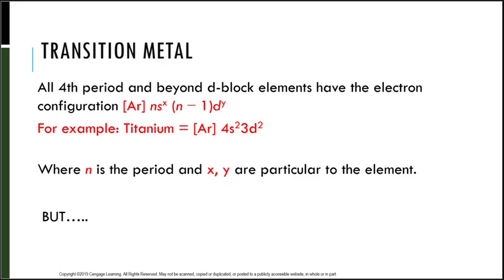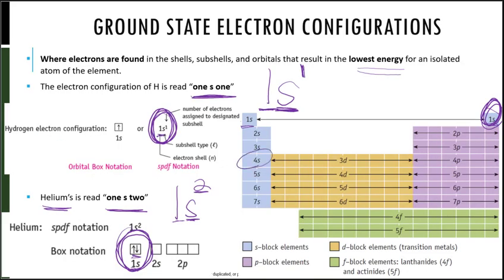Now, it's been all fine and dandy when we've done 1s, 2s, 2p, 3s, 3p, 4s even for calcium. But then we get to the transition metals. And I'm going to hop back to this one diagram where, remember, after 4s comes 3d. And then after 3d, we go back to 4p. So 4, 3, 4.